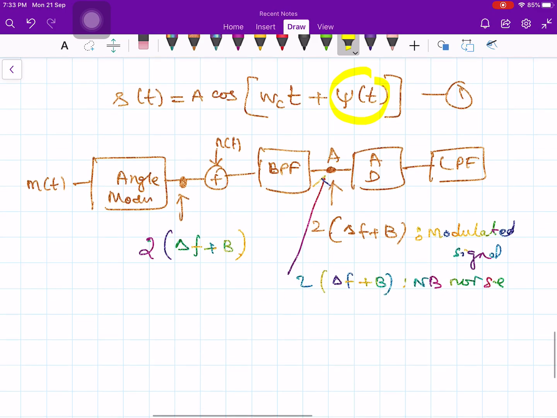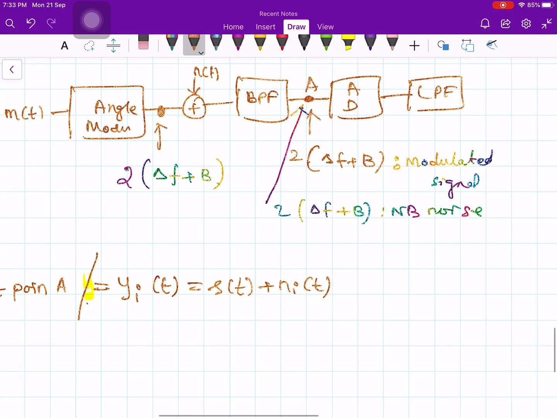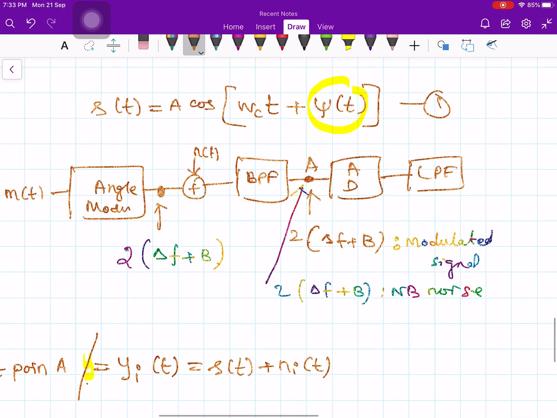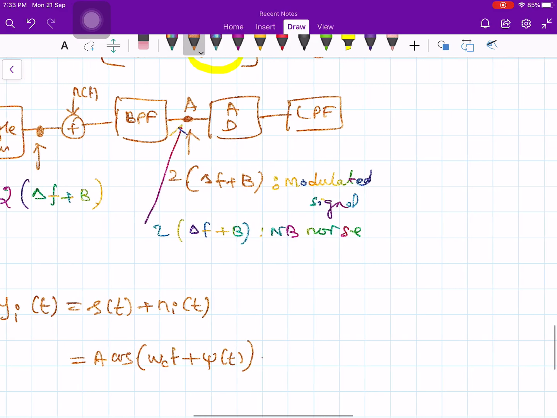So at point A, let me write down yi of t. At point A is equal to yi of t, that is your signal S of t plus ni of t. What is S of t? From equation 1, S of t is A times cos of omega c t plus psi of t. What is Ni of t in terms of quadrature representation?